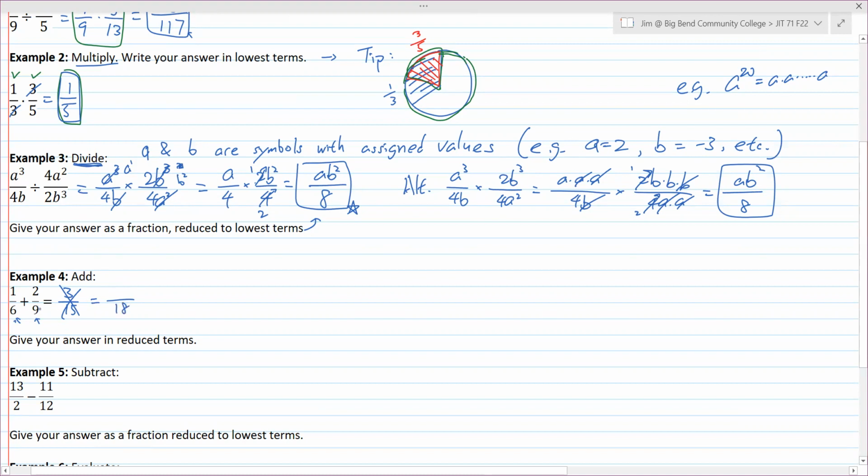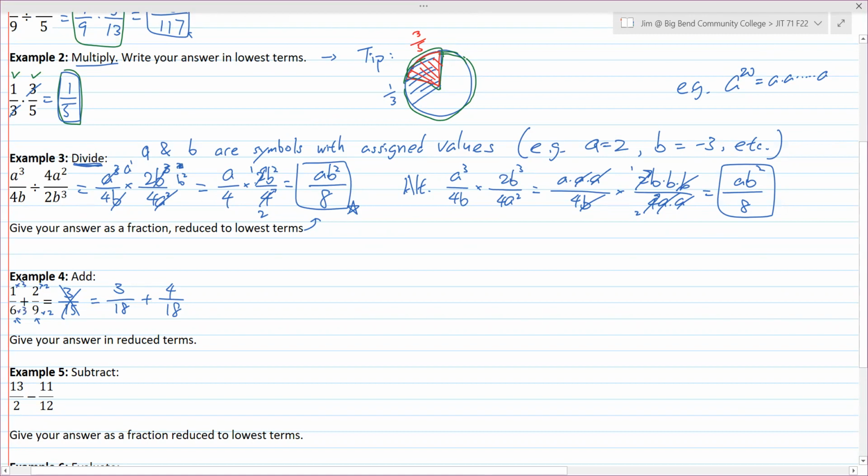The common denominator will be 18, because a multiple of 3 will help you turn the 1/6 into 3/18. And for the second one, we have 2/9. That will be 4/18, because you multiply the numerator and denominator by 2, and that's how you get the answer.